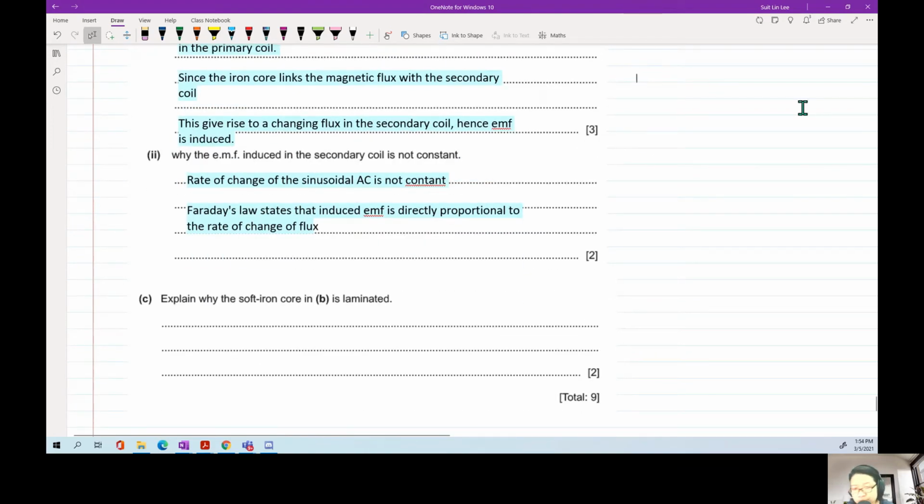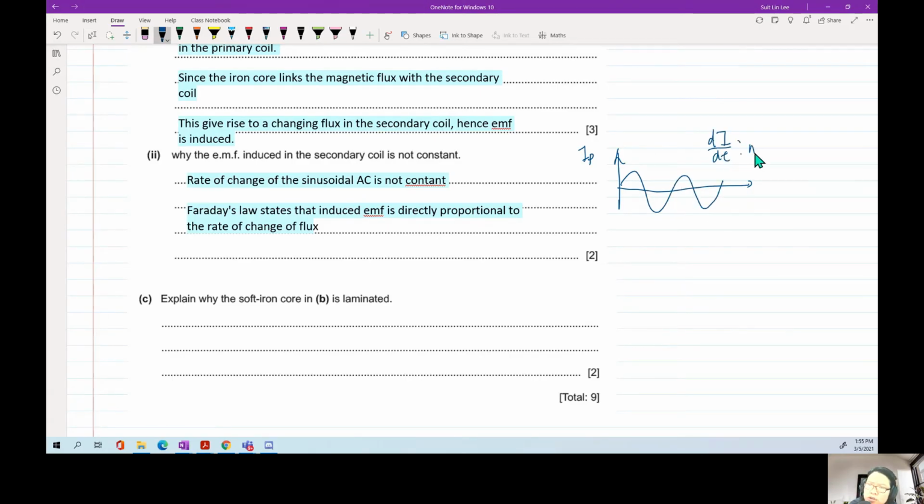Okay, so what we're trying to say is your AC in the primary coil, I'm just going to assume it's AC, it's going to go like this, like this, like this. Your dI/dt is not constant. And since flux is proportional to B, proportional to I, because of this, the dΦ/dt is also not constant.